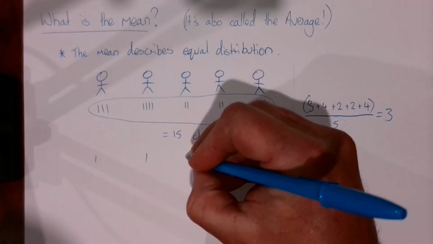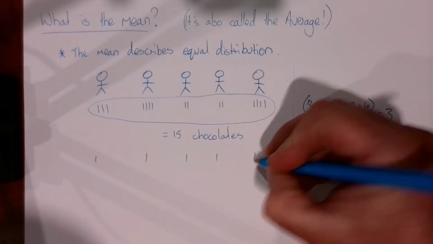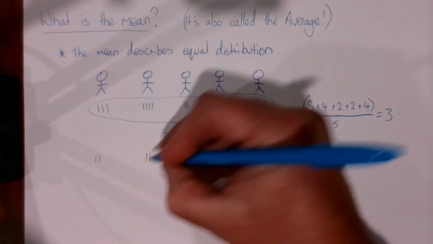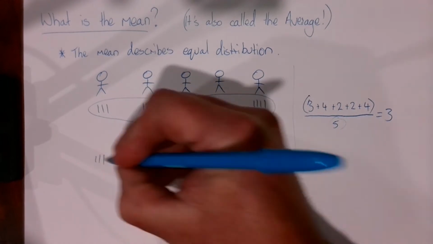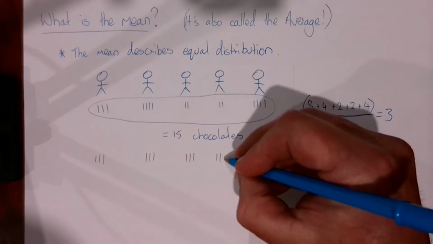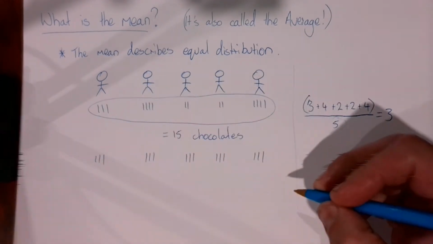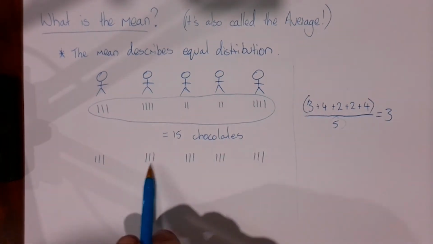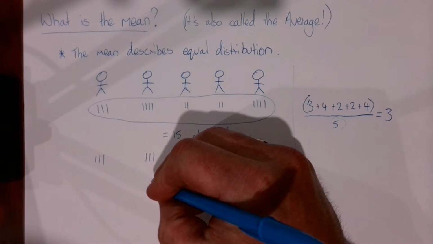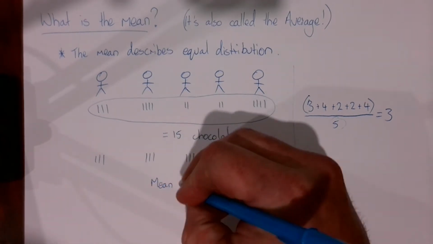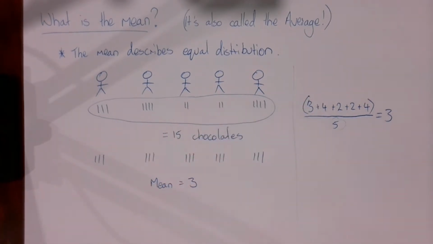One for you, one for you, one for you, one for you, one for you. And what we do is we keep sharing them equally until all of our chocolates are exhausted. And so we can see that each person received 3 chocolates. So the mean is 3.